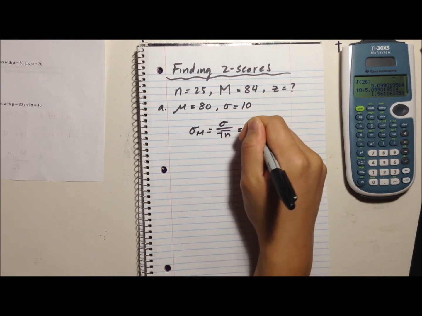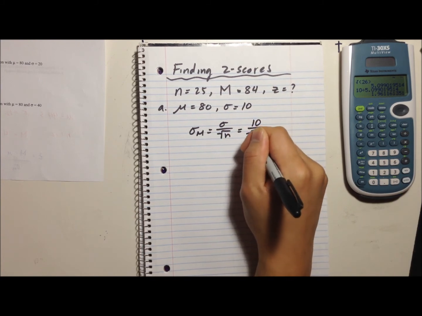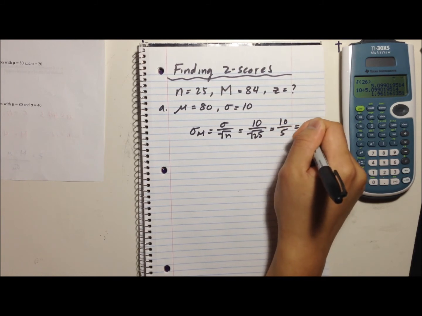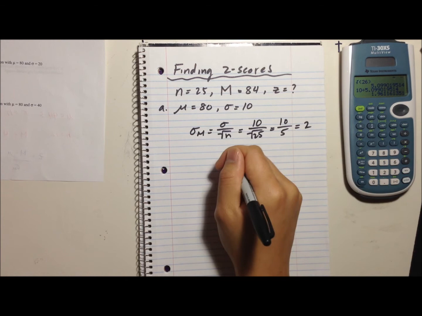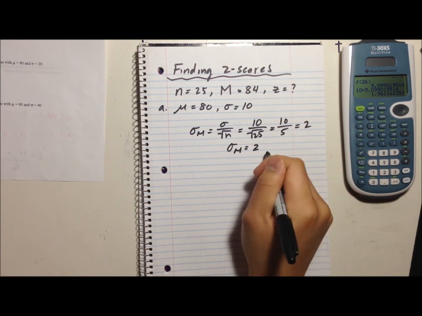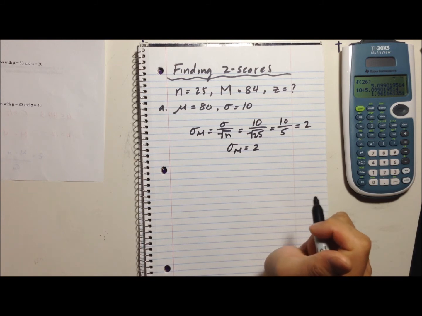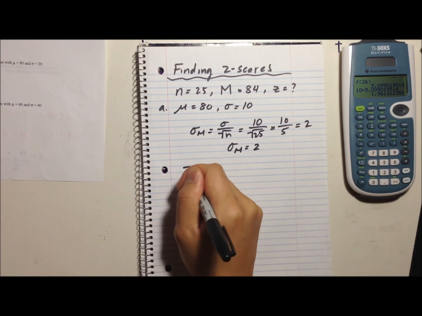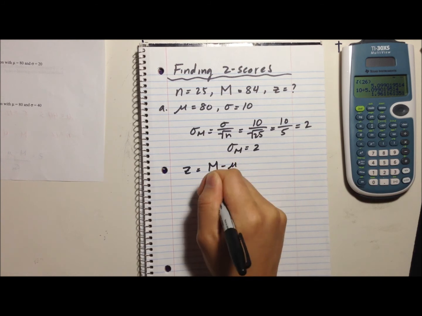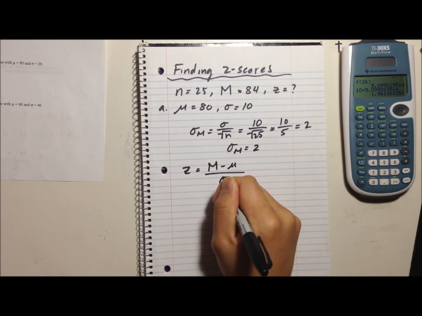Plug in your knowns. 10 over square root of 25 is 10 over 5 equals 2. Our standard error equals 2. Now we can plug this into the z formula. Z equals M minus mu over standard error.